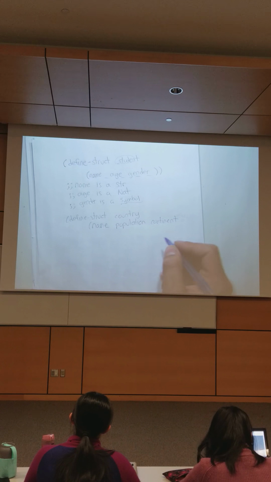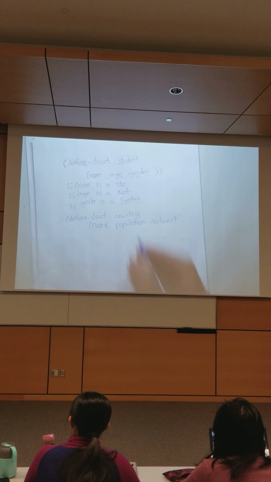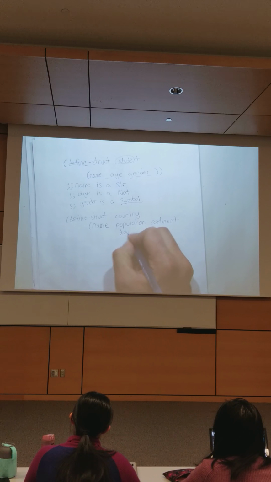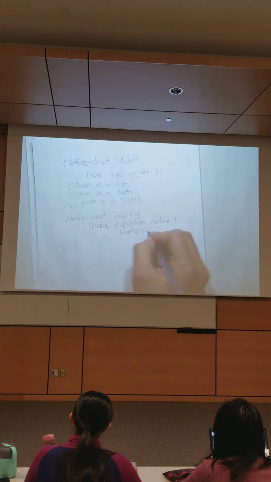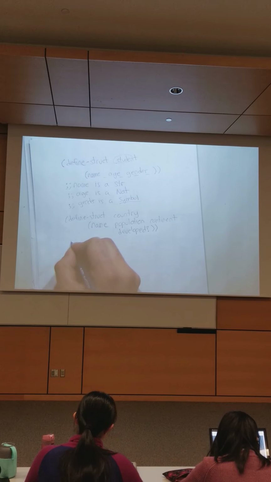Name, population, continent. What other fields can we have within a country? Yeah, so we can have a Boolean called developed or not developed. And because it's a Boolean, it's going to end in a question mark. And then same thing here.